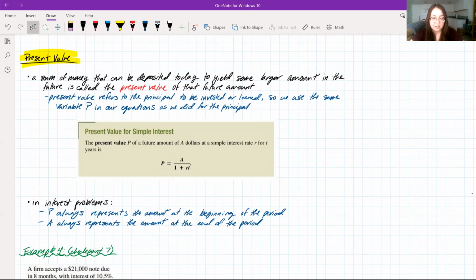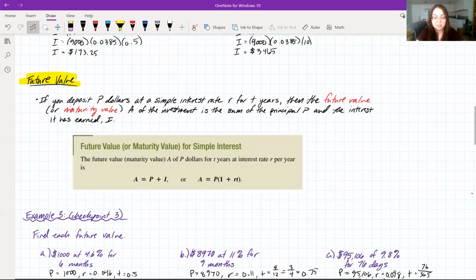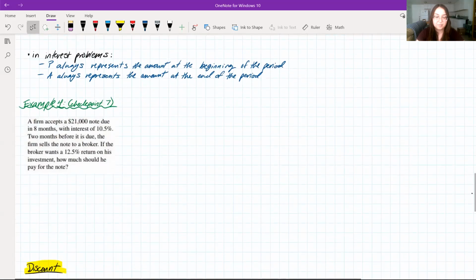And we get that the formula for present value P of a future amount of A dollars at a simple interest rate R for T years is going to be P is equal to A divided by 1 plus RT. And if you hadn't noticed by now, a lot of these equations are just manipulations of the former equation. So our present value now is just a manipulation of our future value here.